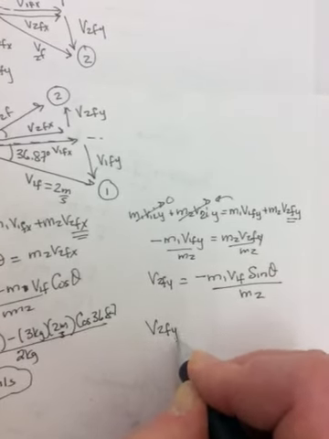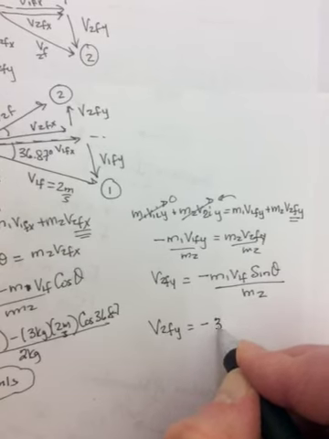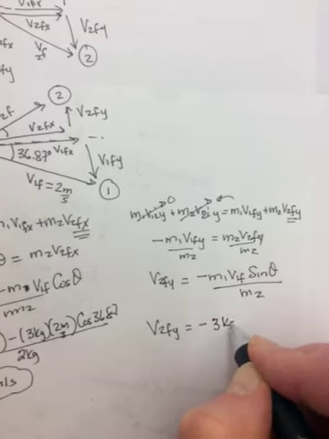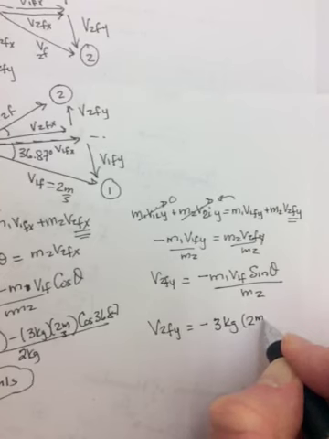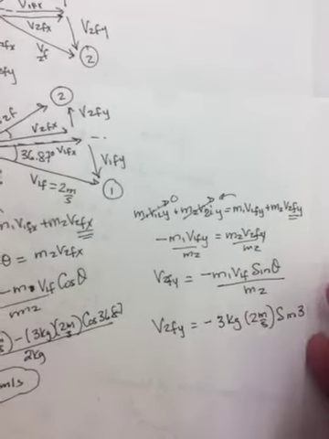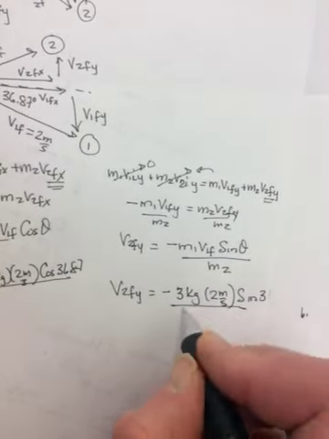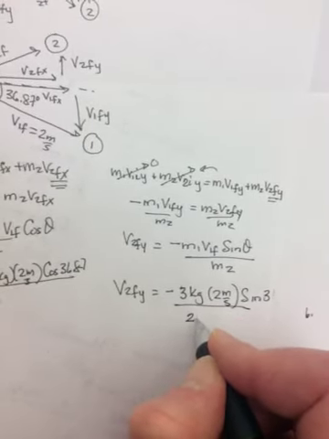So v2 fy equals negative, it was 3 kilograms, yeah, and its final was 2 meters per second. The angle was 36.87, divided by 2 kilograms.